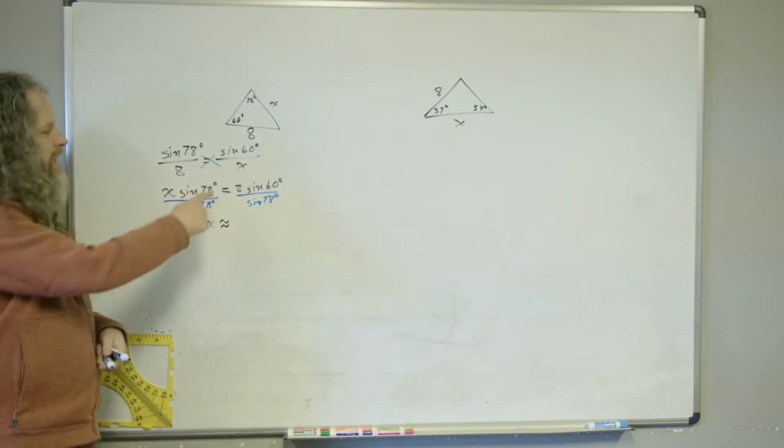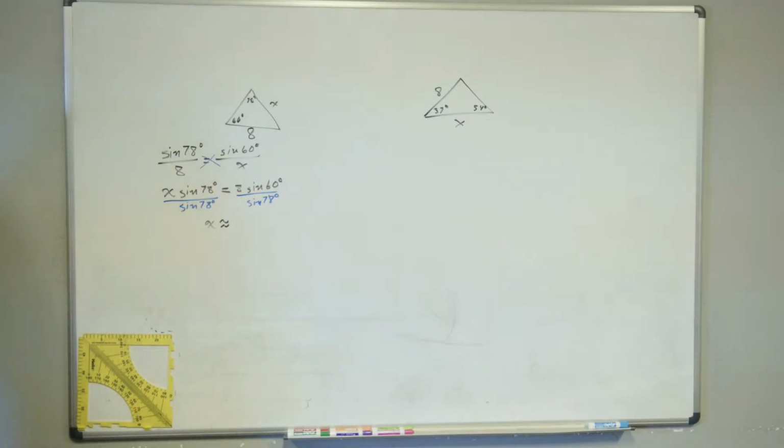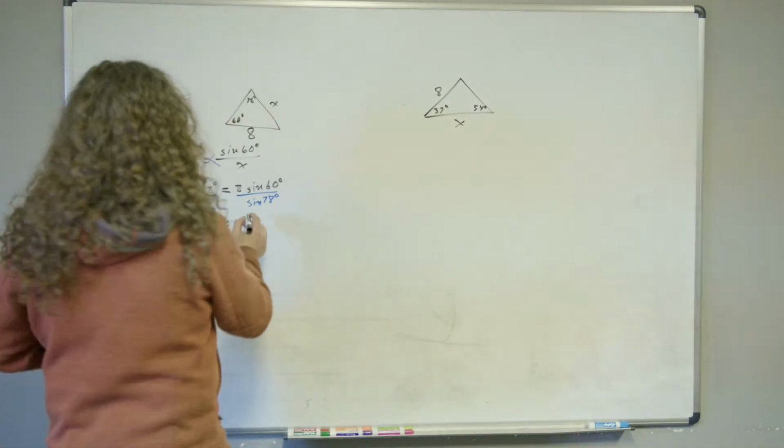Did you do 8 times the sine of 60 degrees divided by the sine of 78 degrees? Okay. 7.1.